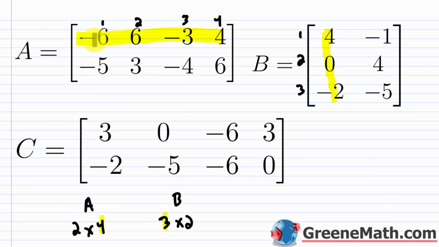Let's say you go through and do negative 6 times 4, and then plus 6 times 0, and then plus negative 3 times negative 2, and then plus, well, what do you do with this one? You have this guy that's the odd man out. You have 4 times what? Well, there's nothing down here, right? So that's why it doesn't work. So you can say that the product matrix AB doesn't exist. So that means that the product matrix ABC will not exist.